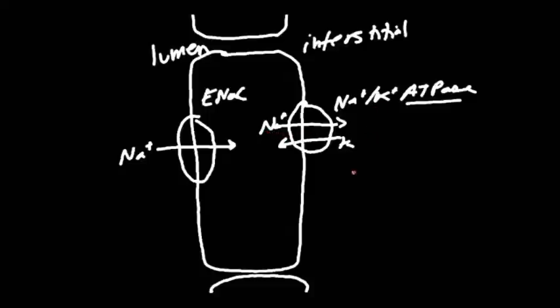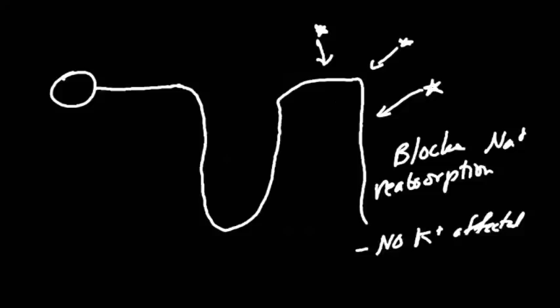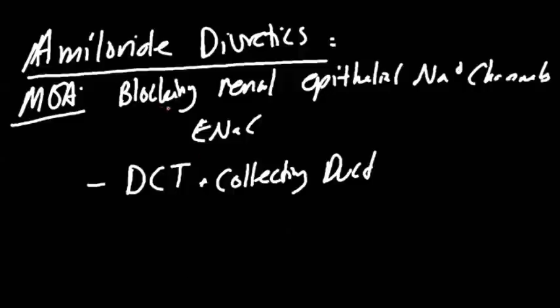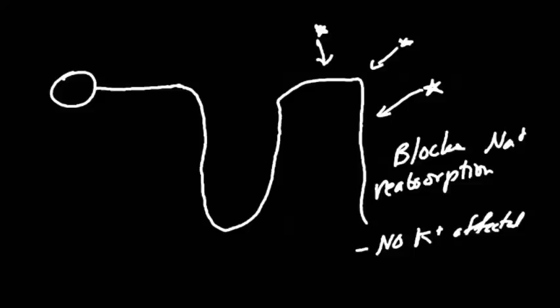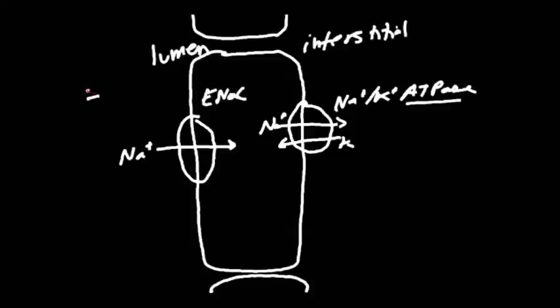We're pumping the sodium out, which creates a vacuum. We're going to bring the sodium in through the ENaC channel. Now, I've already alluded to that we're going to block the renal epithelial sodium channel ENaC. So amiloride diuretics are going to block this channel. That's where the diuretic's mechanism of action works. So we block that luminal channel. We've also got a potassium channel here. So potassium can leave.